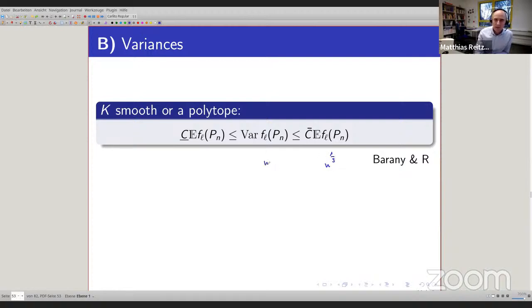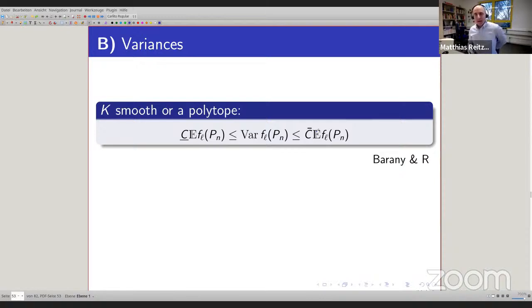And then it turned out that the variance was of the same order. And then I told you we have a lower bound, which is also of the same order for the circle. This is what I told you yesterday. And this is true in general. So in general, if you have a smooth body or a polytope, then we can bound the variance by expectations. And this is also true for the volume. I just didn't mention it here.